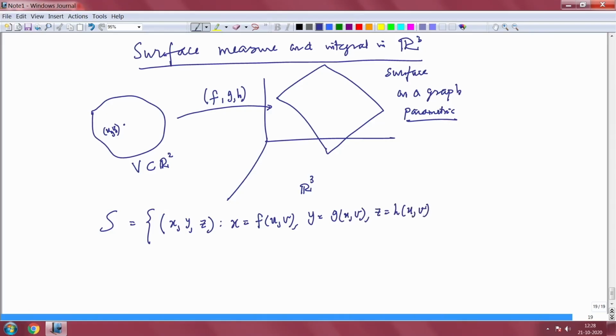So, you have 3 maps. This is your surface, your set of all points. So, this u, v maps to this surface here.